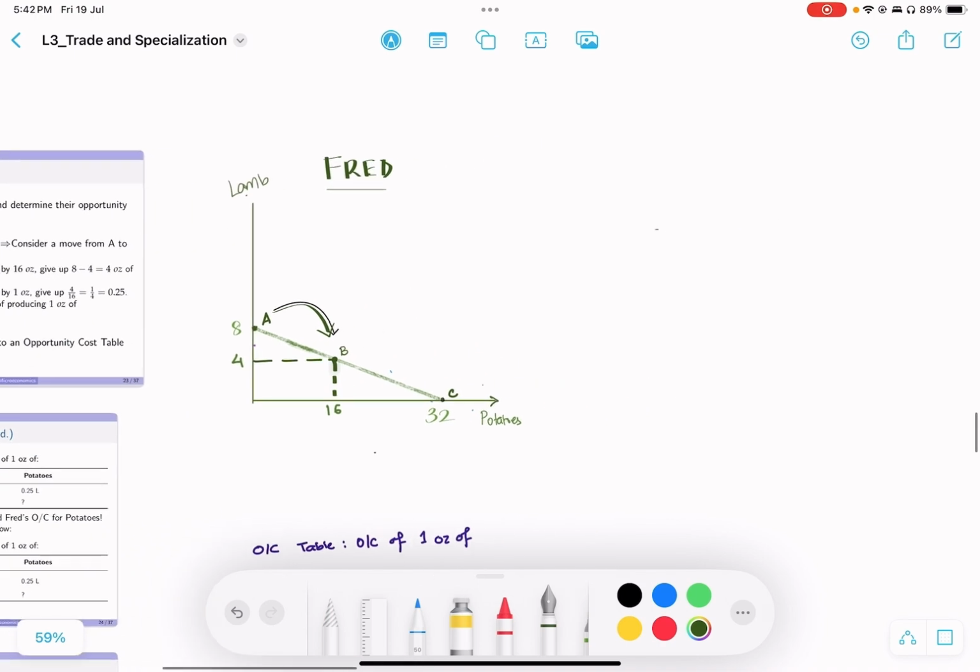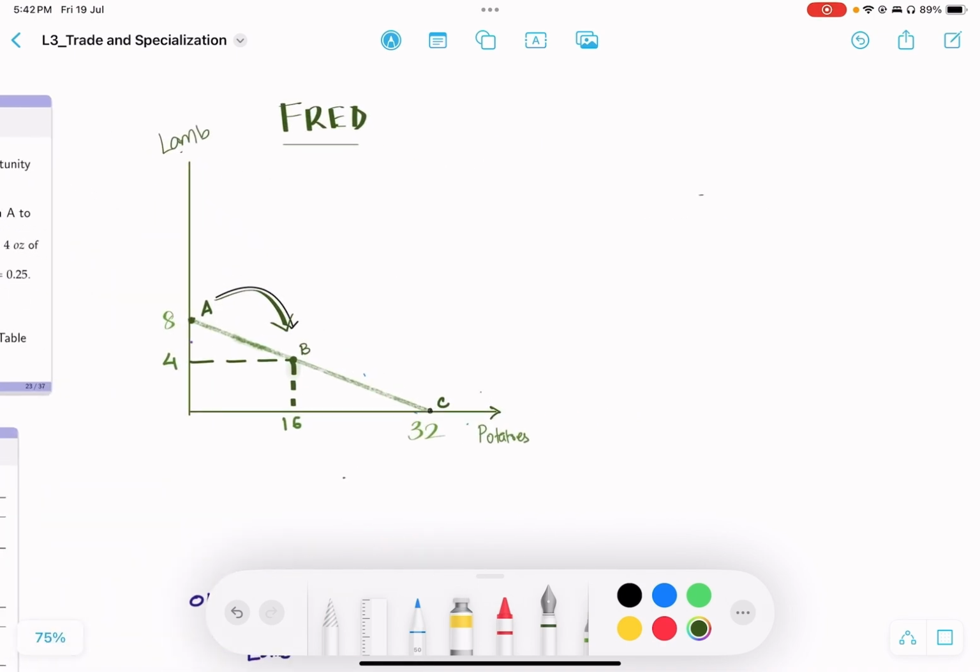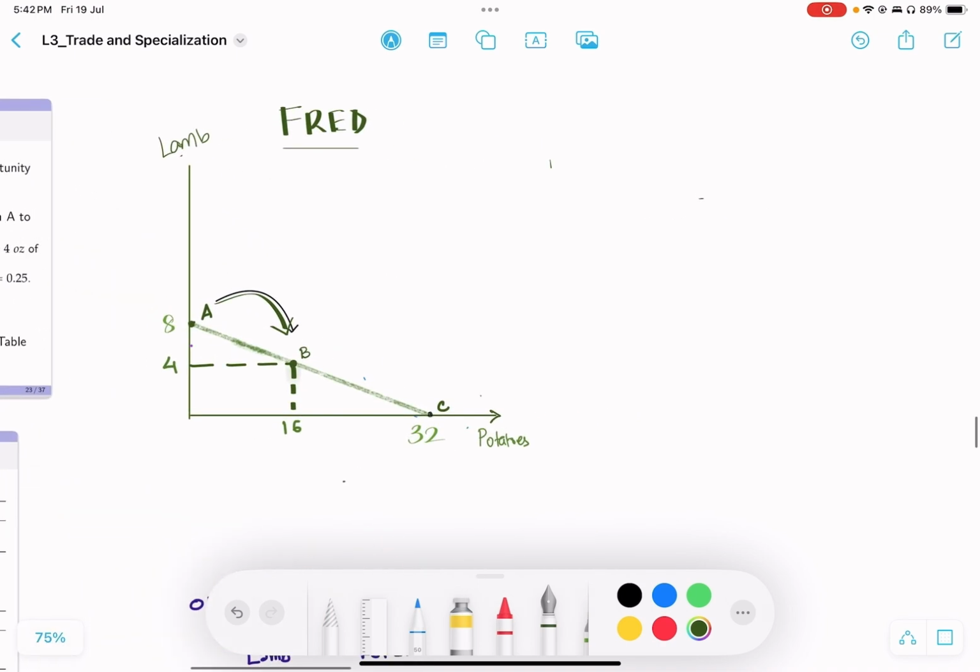So let's say for Fred, let's consider his move from combination A to combination B. So basically, when he's moving from combination A to combination B, he's increasing his potato production. And the question we want to ask is, by how much does he decrease his lamb production?